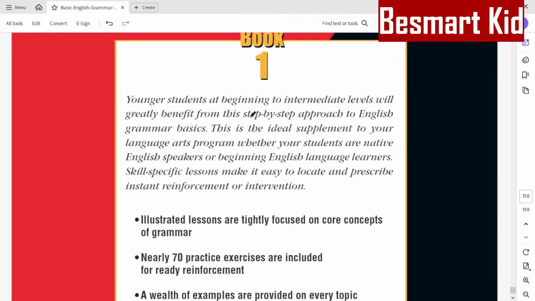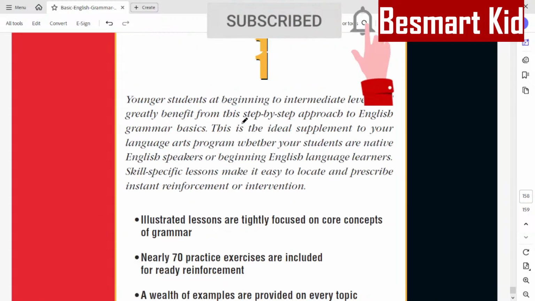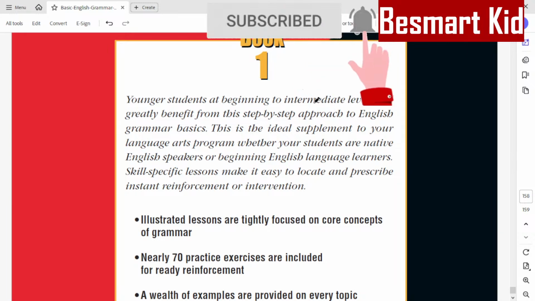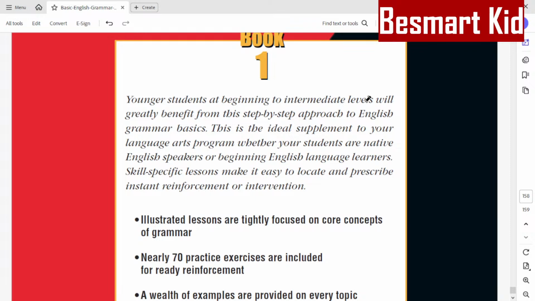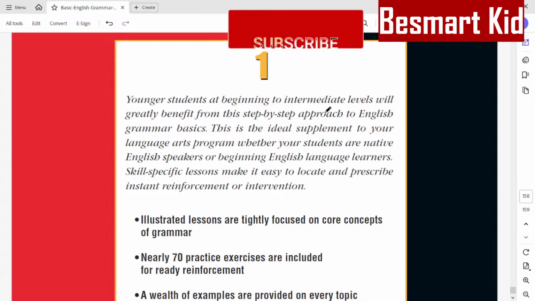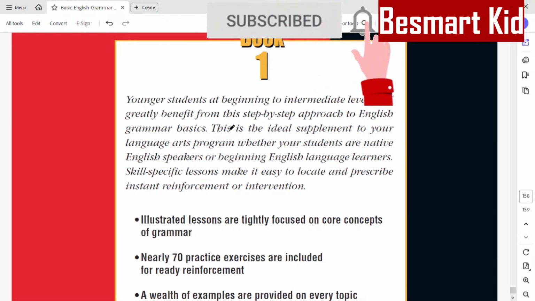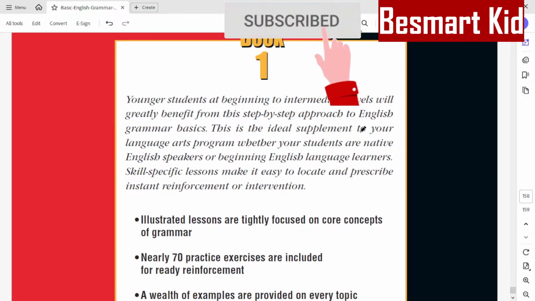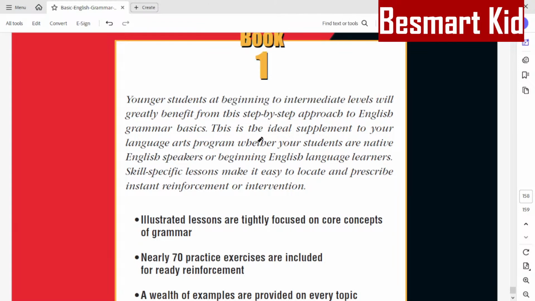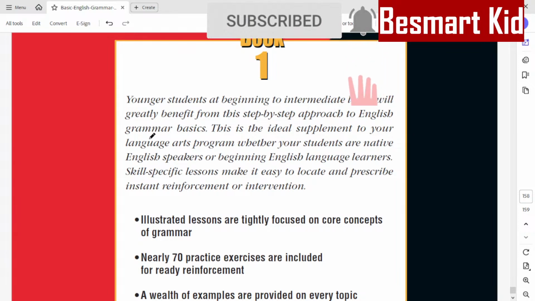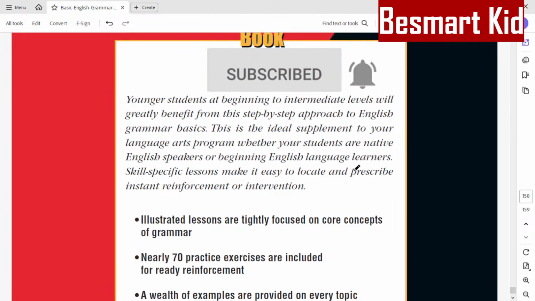Younger students at the beginning to intermediate levels will greatly benefit from this step-by-step approach to English grammar basics. This is the ideal supplement to your language arts programs, whether you are teaching students who are native English speakers or beginning English language learners.